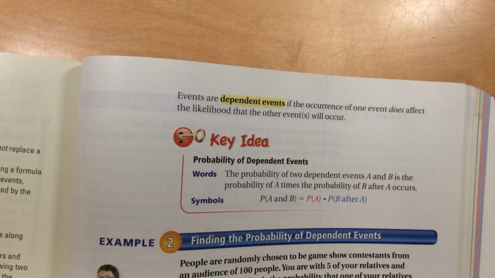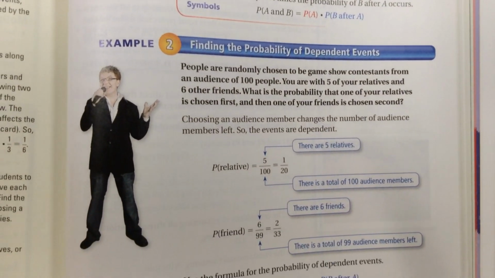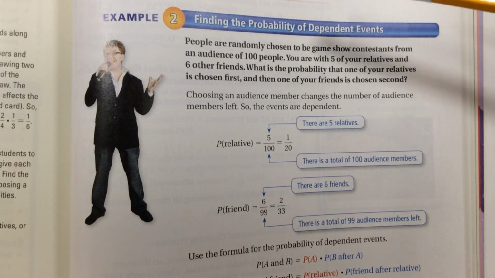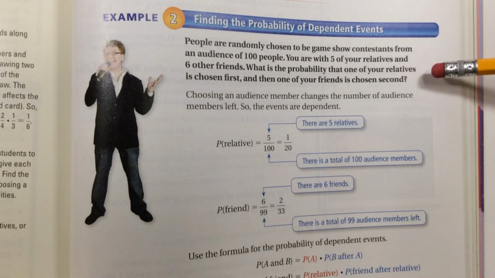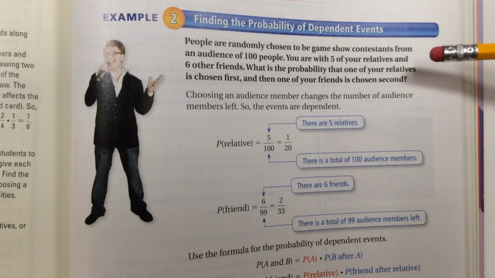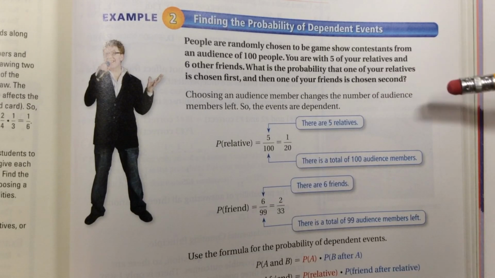We'll use their example. It says, people are randomly chosen to be game show contestants from an audience of 100 people. You are with 5 of your relatives and 6 other friends. What's the probability that one of your relatives is chosen first and then one of your friends is chosen second?